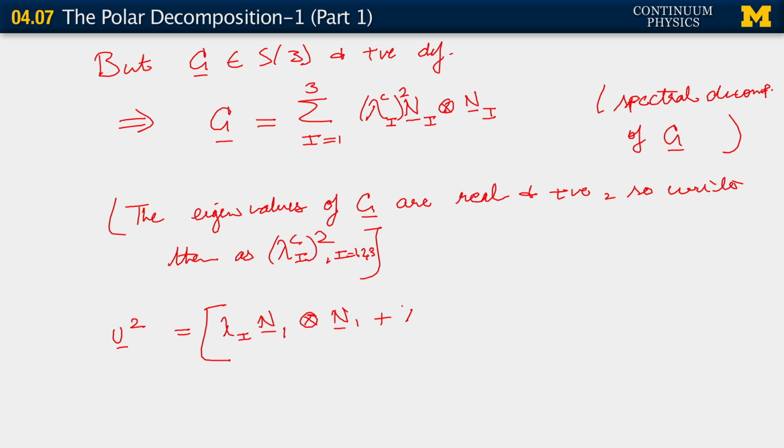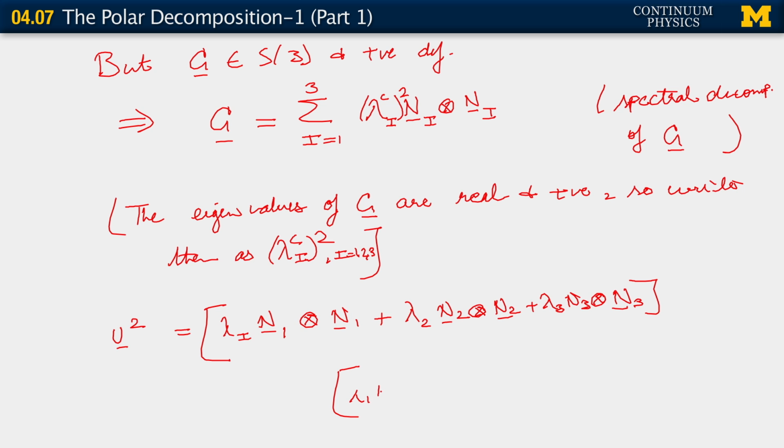Plus lambda 2 n2 tensor n2 plus lambda 3 n3 tensor n3, that is U, and I'm going to multiply it by another U, which I'm going to write on the next line simply because I've run out of space there.